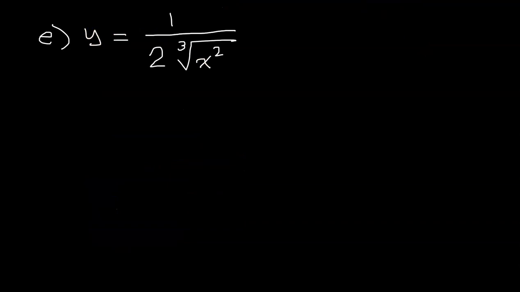Part E, y equals 1 over 2 times the cube root of x squared. A little side note here, fractional exponents. If I have x to the p over r power, I picked these variables on purpose because a fractional exponent is in the form power over root.